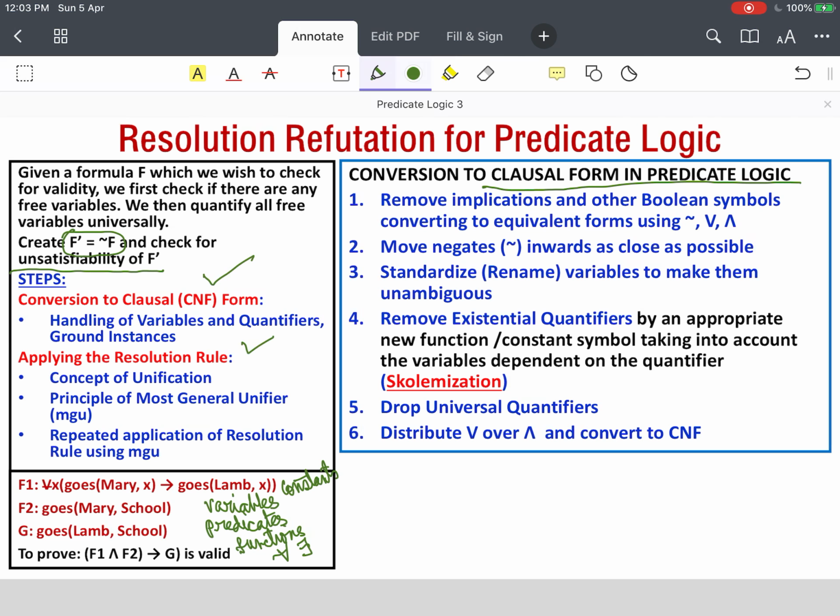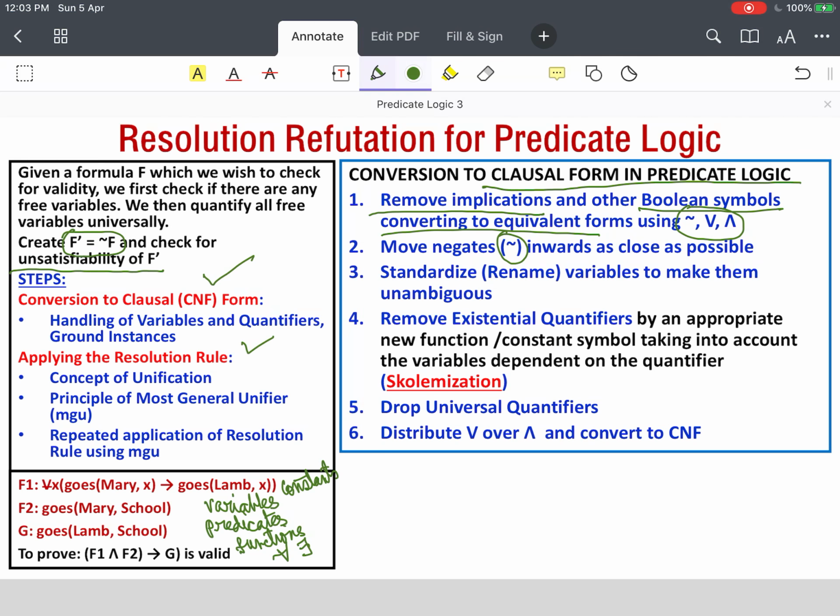Here are the 6 steps. Like in the first step of propositional logic, we will remove implications and other Boolean symbols and convert it to having only not and or. Then we will move the negates inwards.